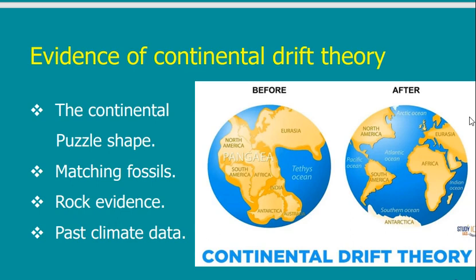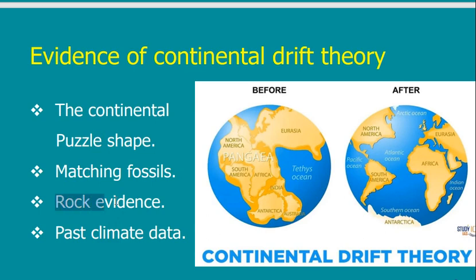And you are not going to find fossils in the streets. You have to dig for fossils. So he traveled in many places and gathered as many fossils as he could find, and he compared these fossils together to prove this. So this is the next thing, matching fossils.